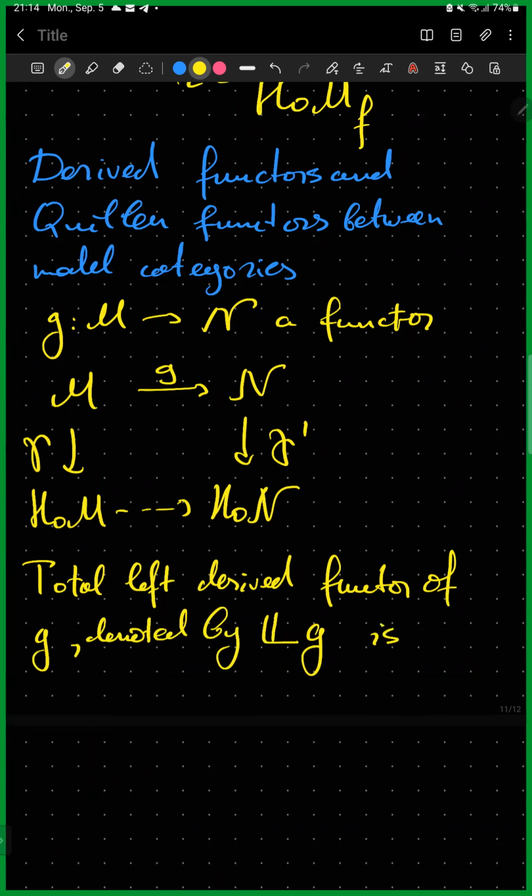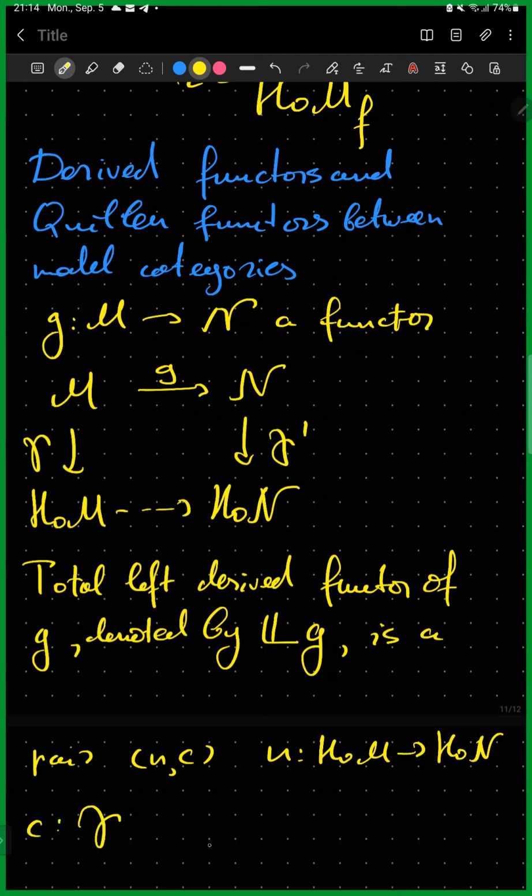The functor goes from the homotopy category of M to the homotopy category of N. And the natural transformation goes from the composition gamma prime G to the composition LG gamma. So it looks something like this.